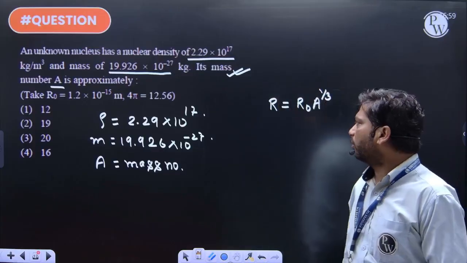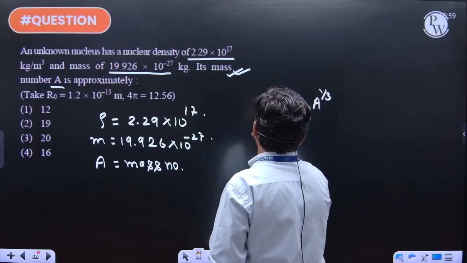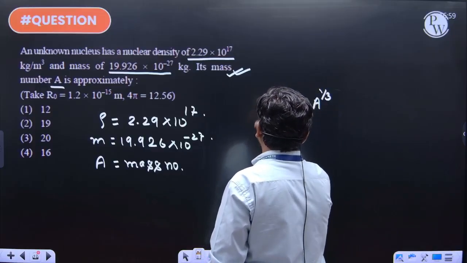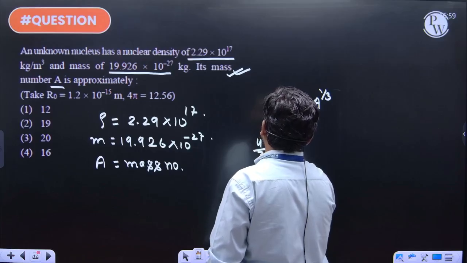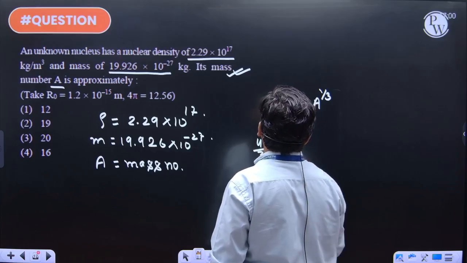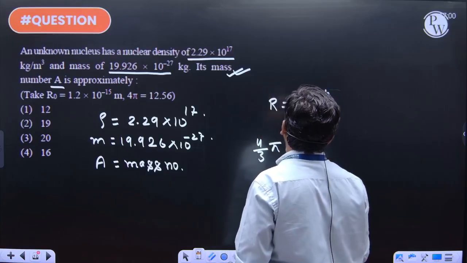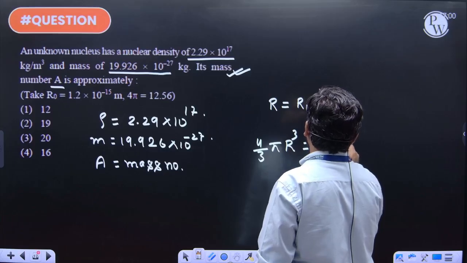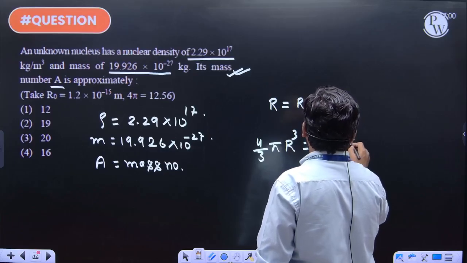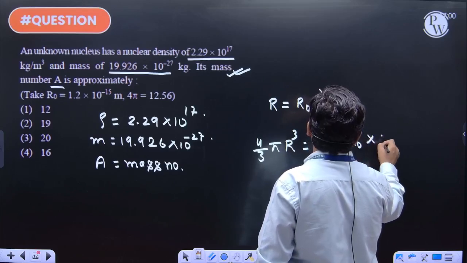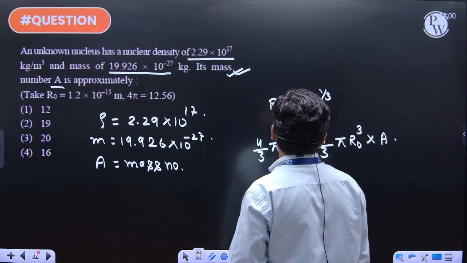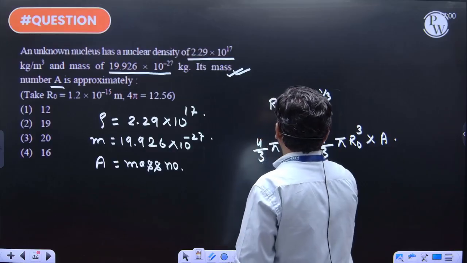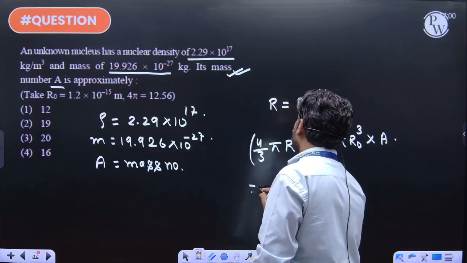So what I'm going to do, I'm going to multiply to get the volume. So let's multiply it with 4 by 3 pi R cube. So it will become 4 by 3 pi R naught cube into A, right or not? This is the volume.